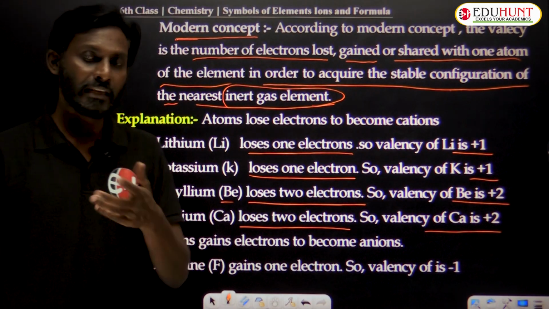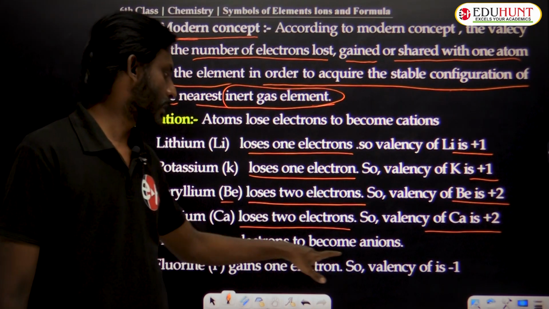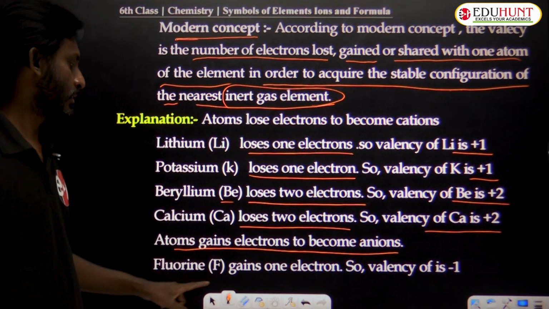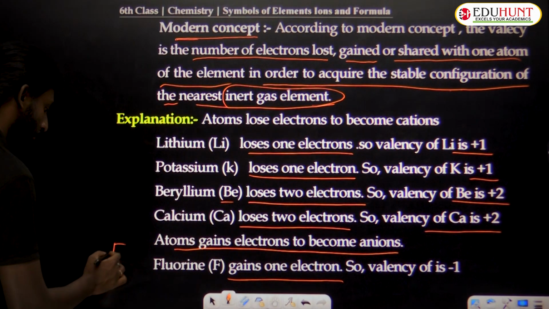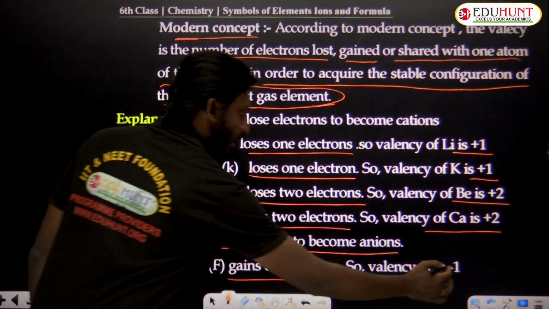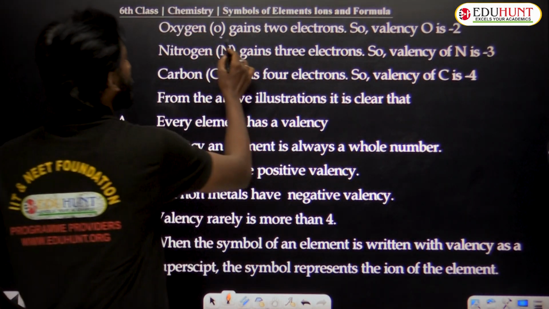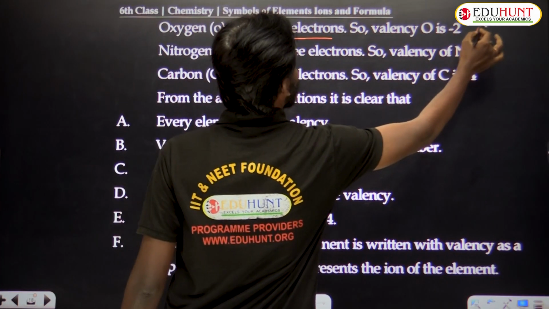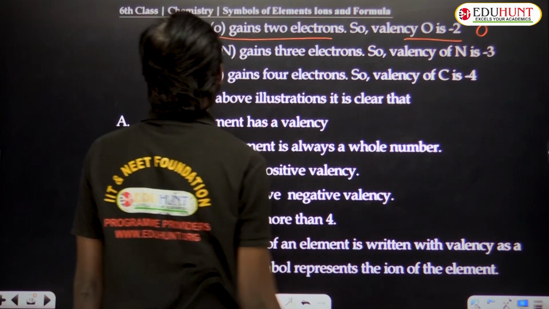Similarly, when atoms gain electrons they become anions. Fluorine gains 1 electron to become F minus, so the valency is -1. Similarly, oxygen generally gains 2 electrons to become O2 negative, so the valency is -2.